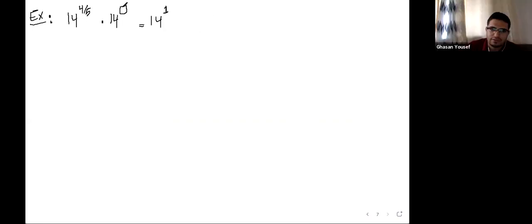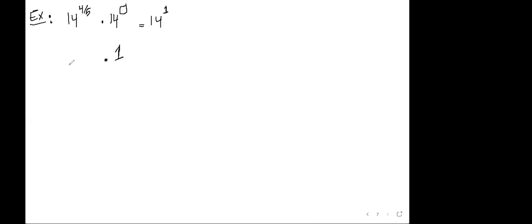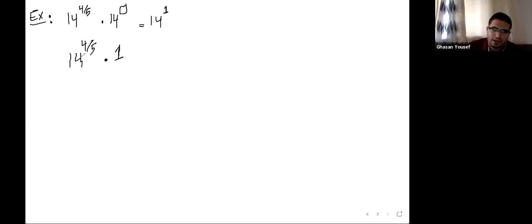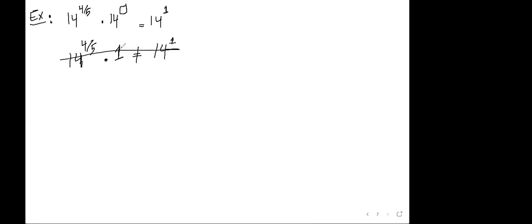Any idea? Is that a 0? If I put here 0, they give me 14 to the power 0, which gives me 1, right? Times 14 to the power 4 over 5. And 14 to the power 4 over 5 does not give me 14 to the power 1.